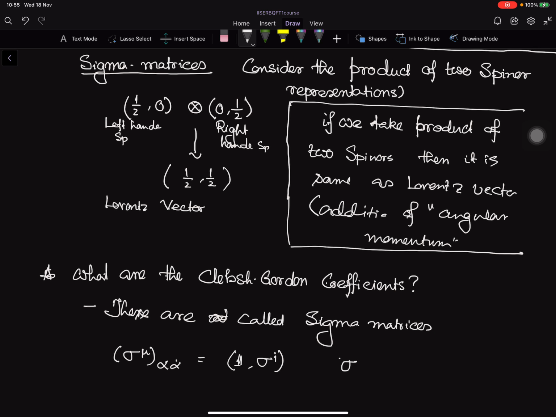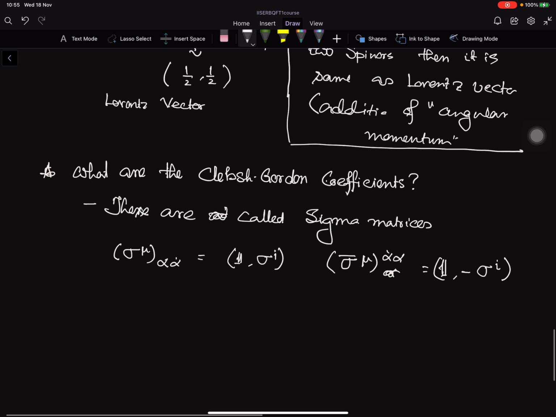Similarly, there is also something called sigma bar^{mu alpha dot alpha}, and this is the same as the identity minus the Pauli matrices.